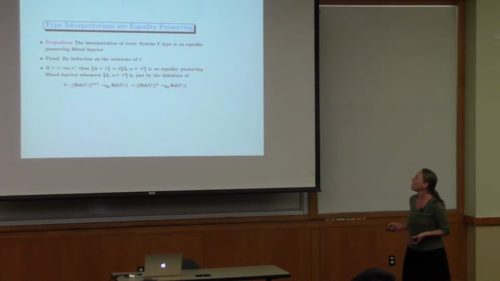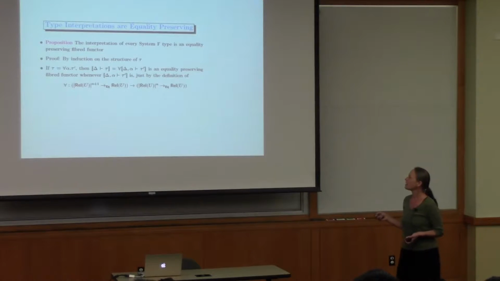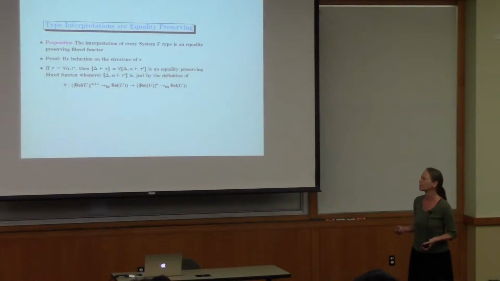Then if I have a for all type, like if tau is for all alpha tau prime, remember that we interpret it as for all of the interpretation of tau prime, but in a slightly larger context. The whole point here is that this interpretation of tau is equality preserving when the interpretation of tau prime is, just because we're assuming that we have this for all.